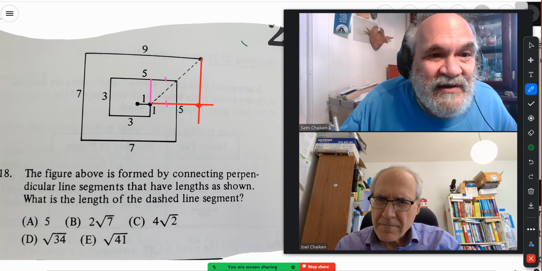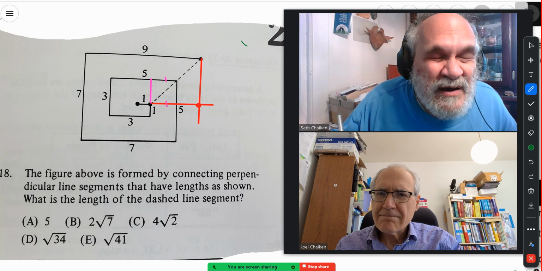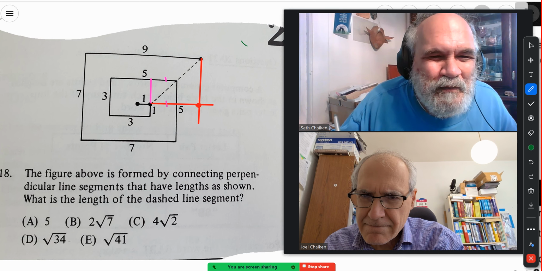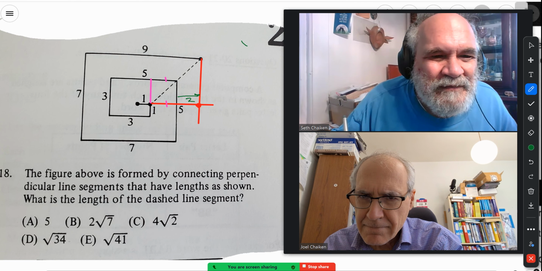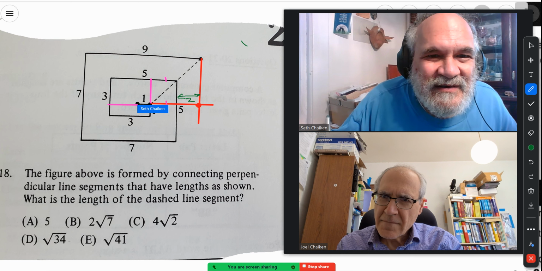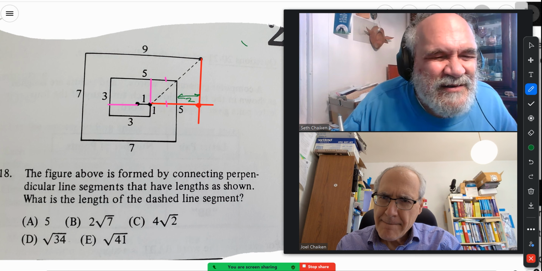So, let's see. Okay. Let me think. So I need to figure out this vertical line. So this vertical line, I extend this way, and I get that. Let's see.